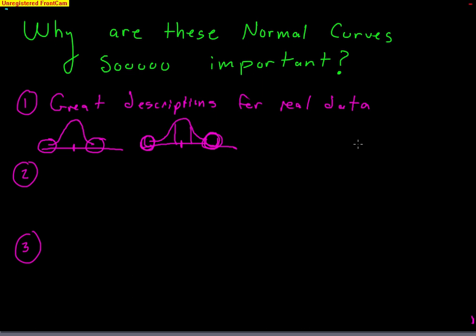What else fits a normal curve in the real world is repeated measurements of the same object. For example, tennis balls, right? Let's just say that we have 1,000 tennis balls. Well, tennis balls are all very, very similar. They are pretty much the same thing. Now, if I measured the diameter of those tennis balls, some might be a teeny bit higher and some might be a teeny bit lower, but most tennis balls are going to fall really close to the average tennis ball.